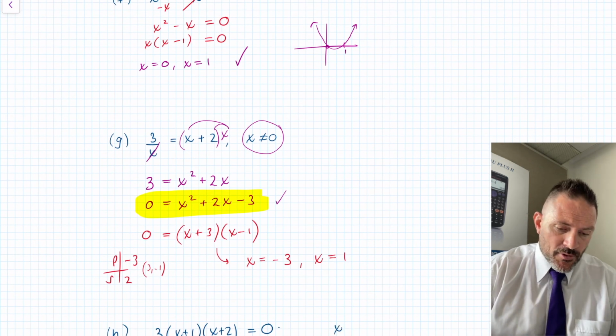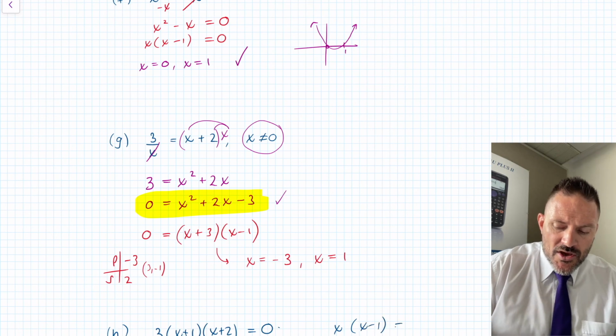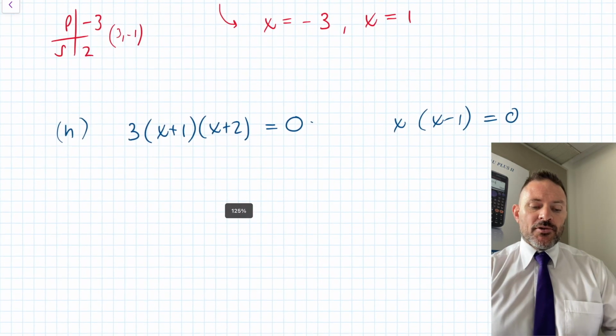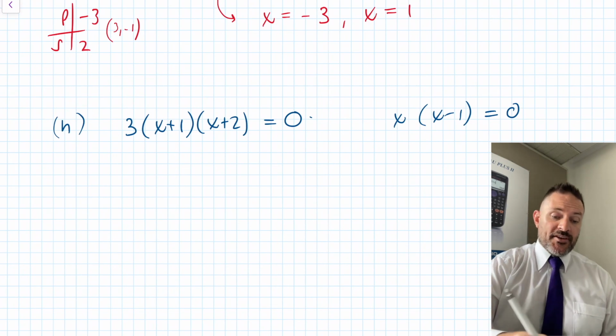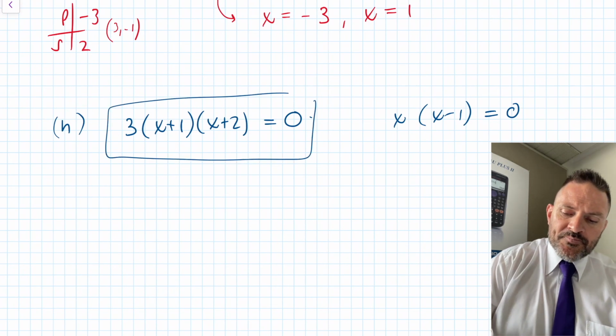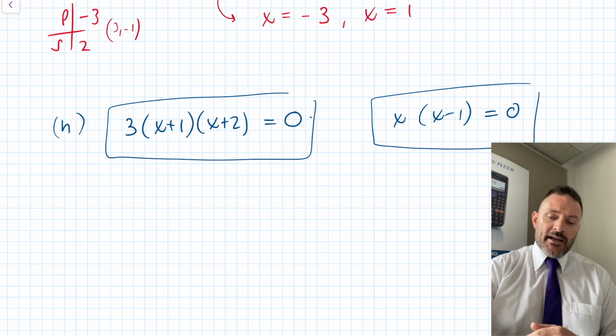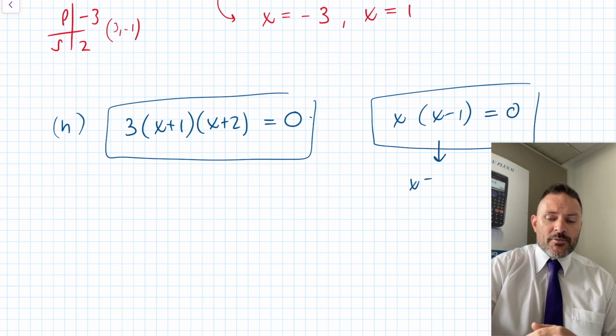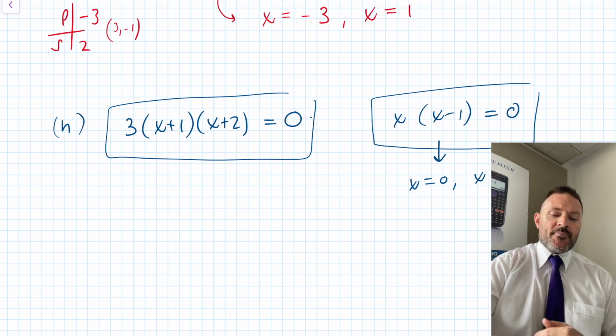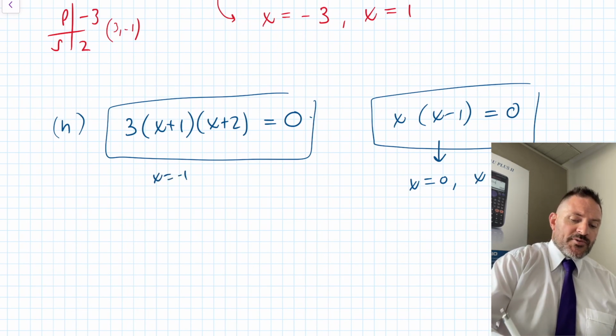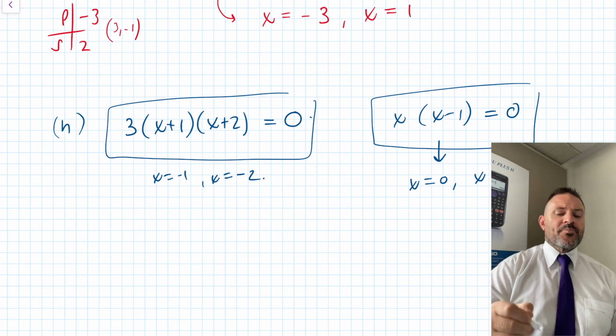When we factorize it, it looked like this. You might get a question that says, how many solutions are there for these two equations? And believe it or not, they both only have 2 solutions. In this one we've already done, we know that x equals 0 and x equals 1. Here, x equals minus 1 and x equals minus 2.